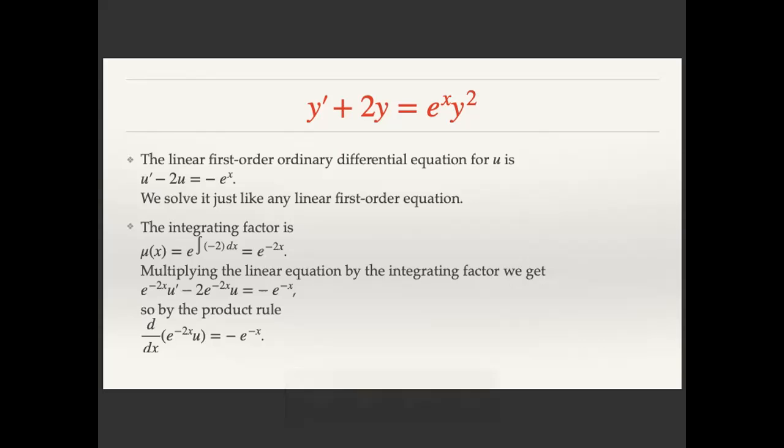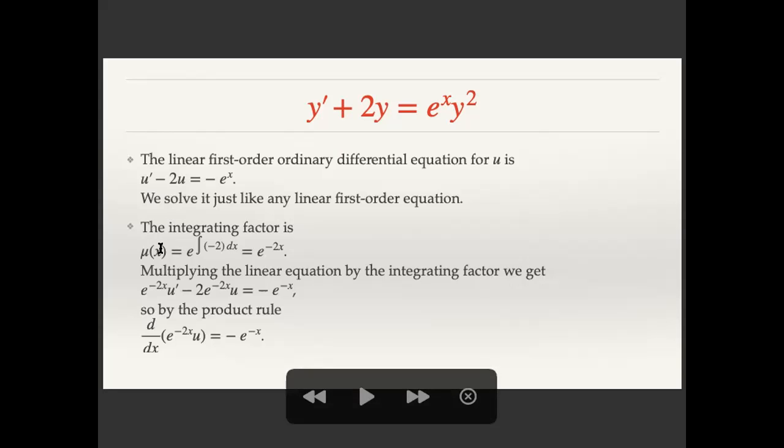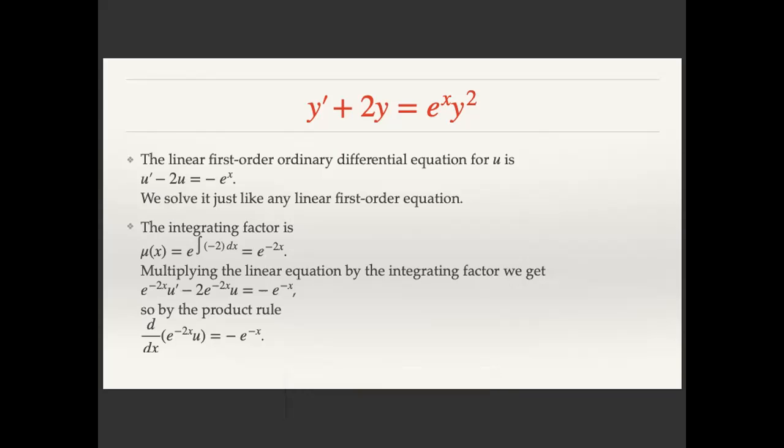The integrating factor here is mu of x, which is e raised to the antiderivative of the coefficient of u. So the coefficient of u is minus 2. So this is e raised to the antiderivative of minus 2, which is minus 2x. And here, as I've mentioned numerous times, we don't need to use a constant. So we don't need to write minus 2x plus c. Minus 2x here is good enough.